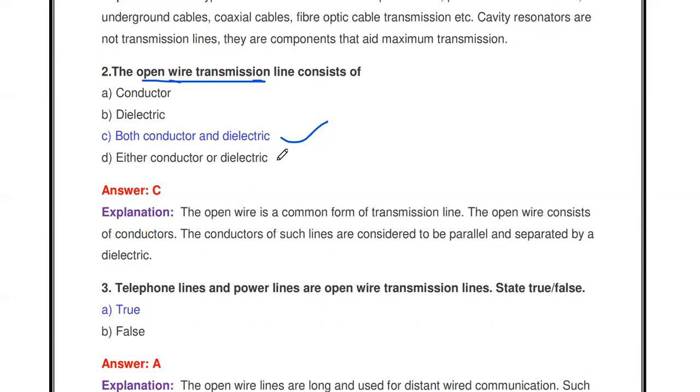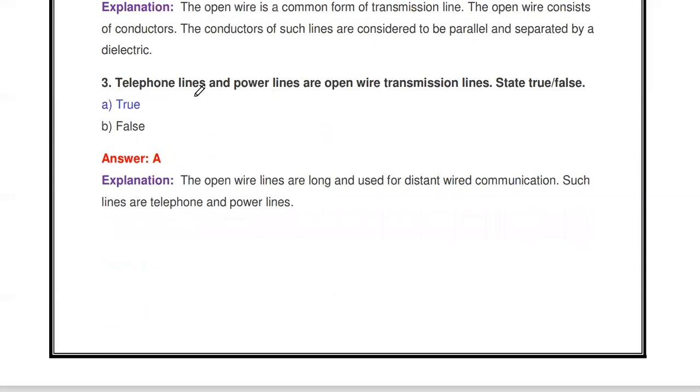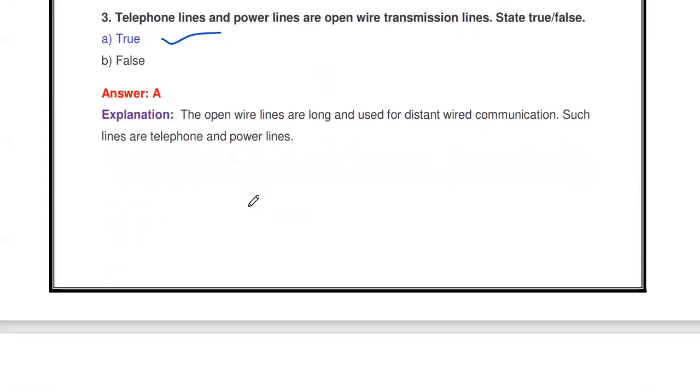The next one: the telephone lines and the power lines are open wire transmission lines. True or false? Telephone line and power line are open wire transmission lines. It's true.